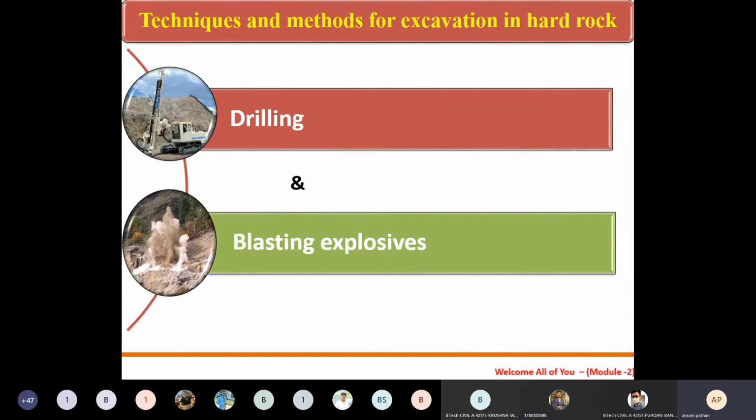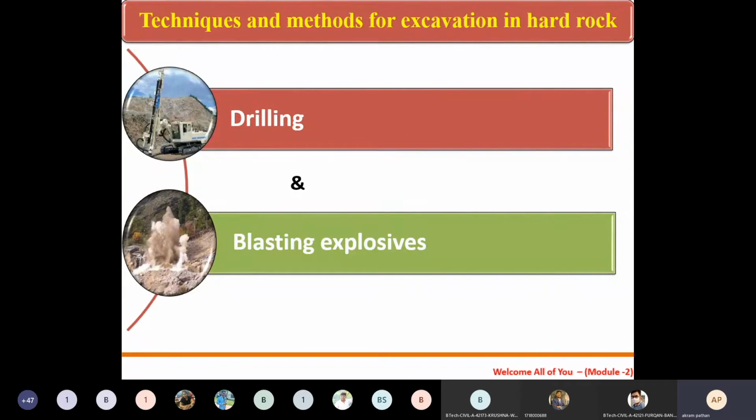So my question again: when we are going to drill something, in the case of rock, we require drilling, right? In previous slides, you also saw that with the help of JCB, at the front of that JCB, we have attached rippers, and with the help of rippers we can excavate the rocks.